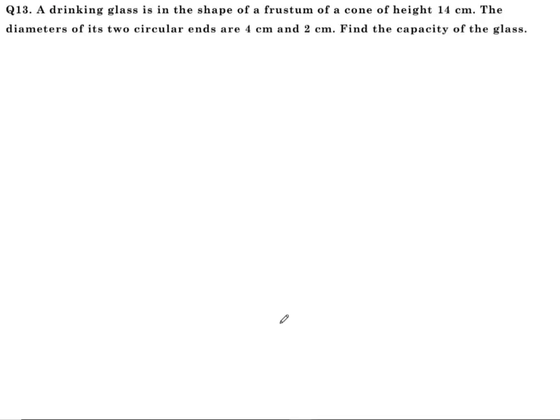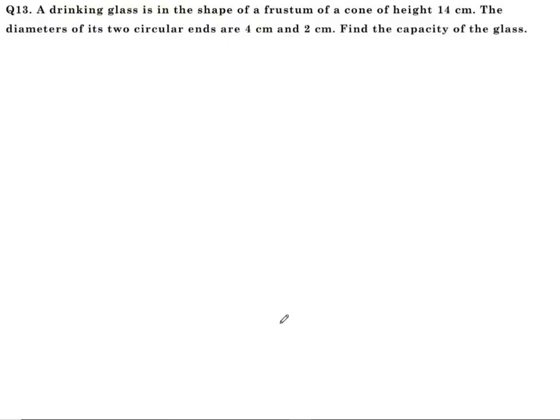So many of the students are asking how to solve the surface areas and volumes questions. First step, students, make a note: to solve any question from the unit surface areas and volumes, you should know the difference between CSA, TSA and volume.